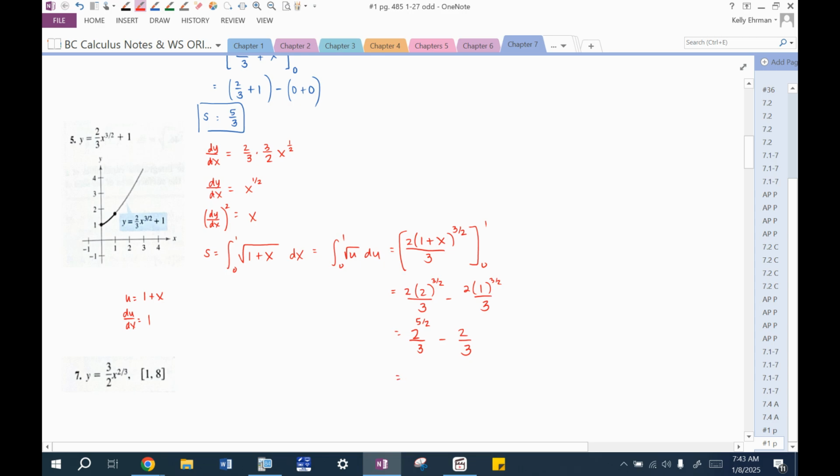And I think I'm just going to leave my answer like that. I guess 2 to the 5 halves, we could work on that, right? That's the square root of 2 to the 5th. 2 to the 5th is 32. And that's 16 times 2, so 4 radical 2. So you could make it 4 radical 2 minus 2 over 3.